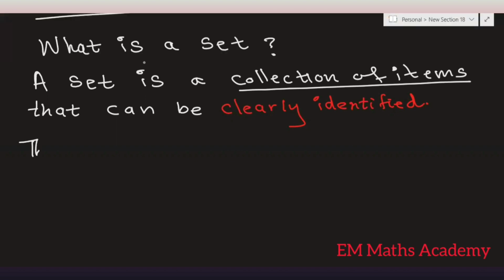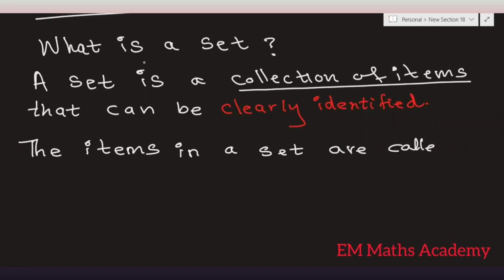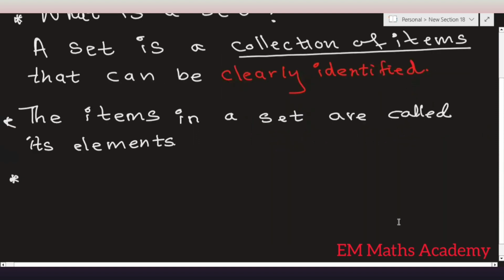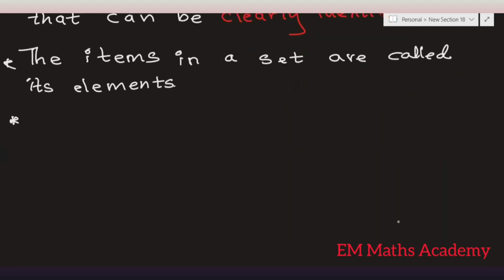Write: the items in a set are called its elements. It is better to write this with star marks. I think you are writing down all this.